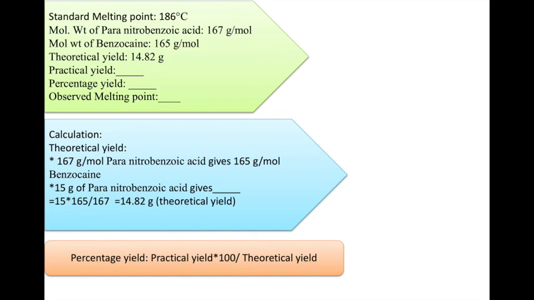Furthermore, the weight of the product we synthesize at the end will give us the practical yield. And with those two values, we're going to calculate the percentage yield. You can see the formula in the orange box, that is practical yield upon theoretical yield into 100. 100 is for the percentage. So the value which we'll get, that is our percentage yield.